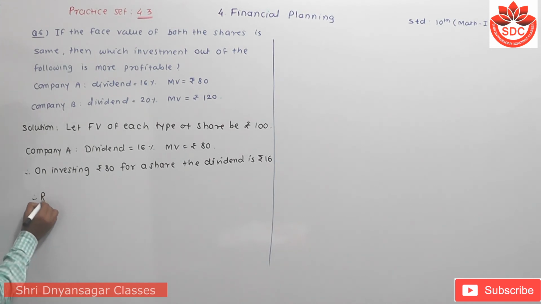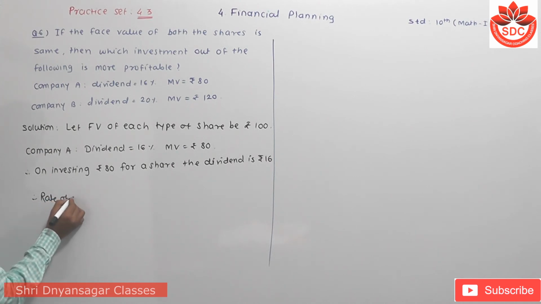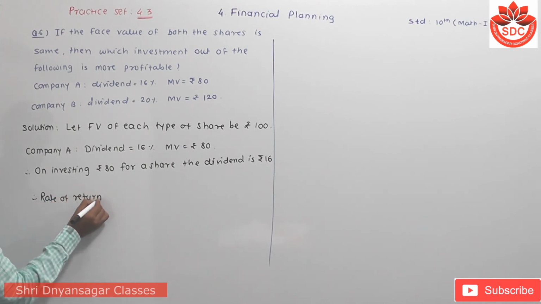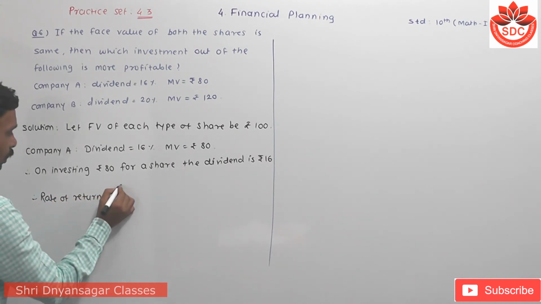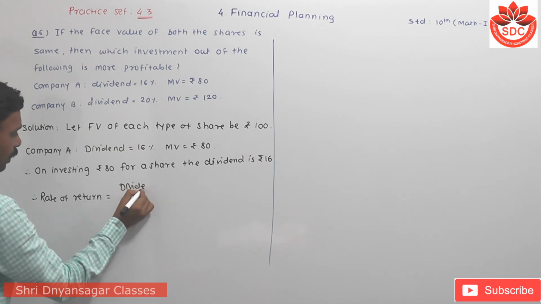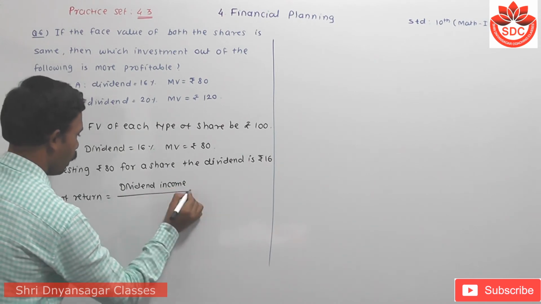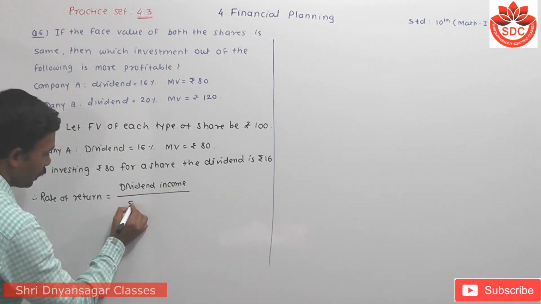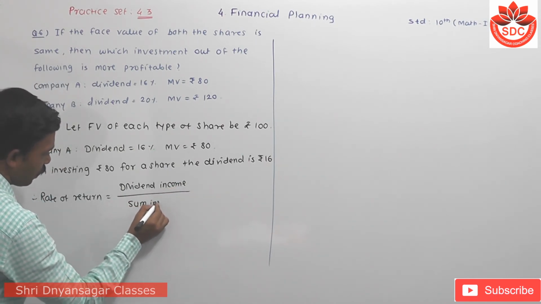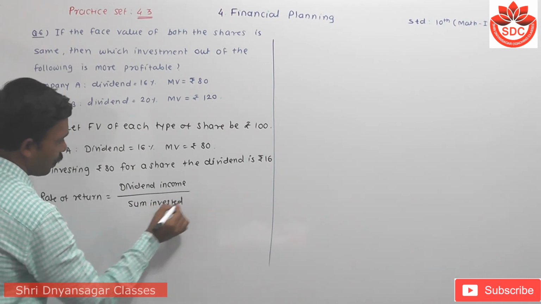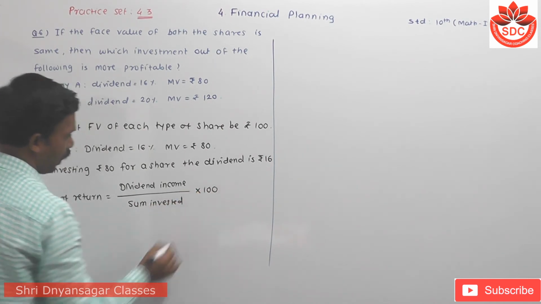Therefore, rate of return is equal to, the formula is dividend income upon sum invested into 100.